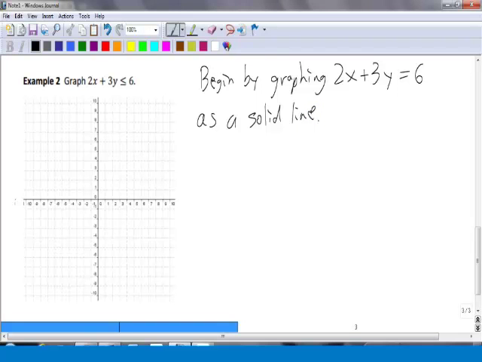So solid line, and I'm thinking x intercept, or since I want to plot a point, maybe I should think the intercept on the x-axis. It's going to be an actual ordered pair here. Let y equal 0. All the points on the x-axis have different x-coordinates. They all have a y-coordinate of 0, though.